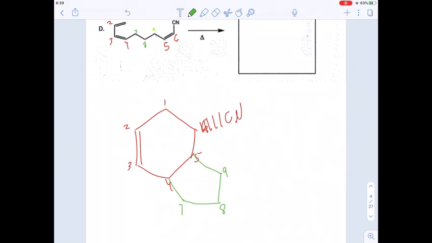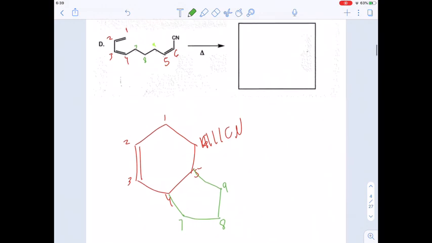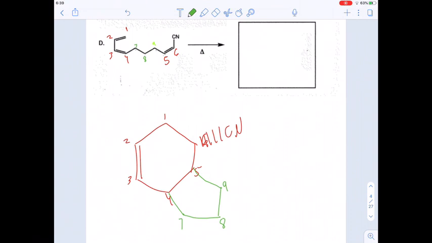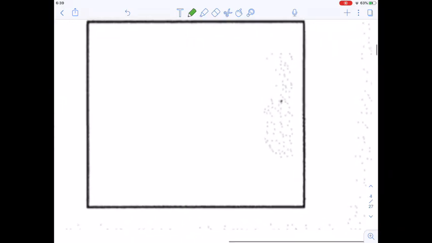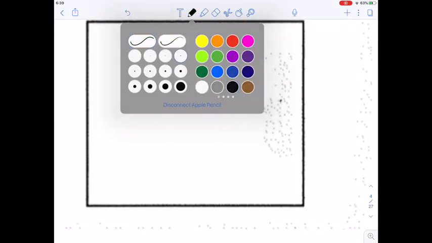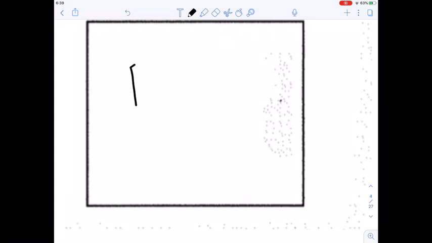So off of 4, there's a carbon 7. Oops, that's a Z. 8, 9. And this is what the second ring is going to look like, so that's going to be your product. Okay, hopefully that made sense. In general, whatever comes between 4 and 5 is going to pinch off and form a second ring.